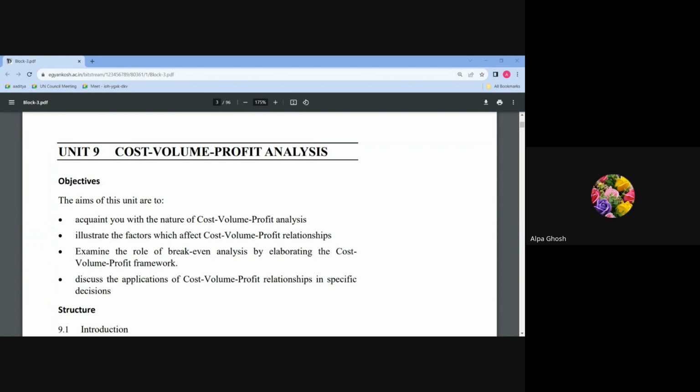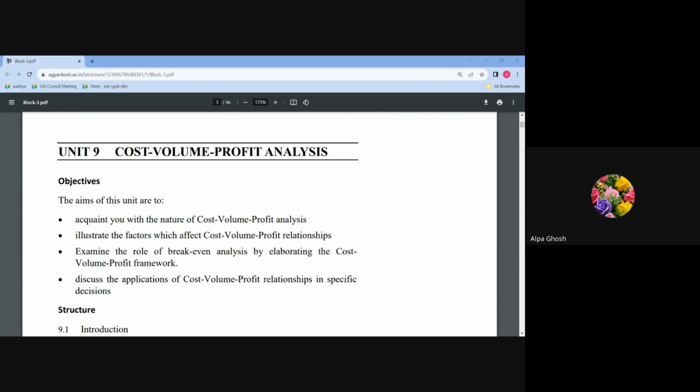The first important thing to understand is that we are not going to sell the products below the cost price. So in order to find that level where our sales equal our cost of production.